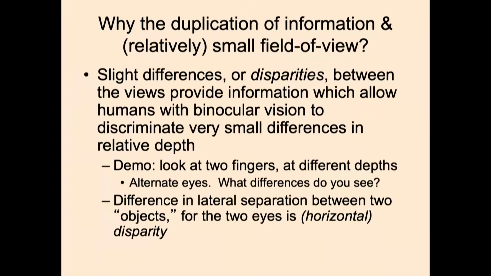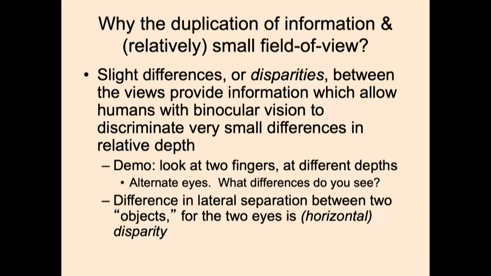There's a real cost to having two eyes in the front of our head like we do. It greatly reduces the field of view. If you look ahead and find the most peripheral thing you can see, you definitely can't see more than maybe 150 degrees.